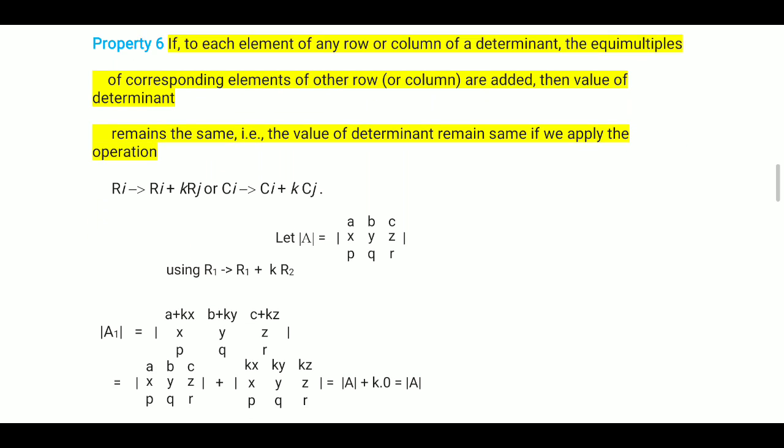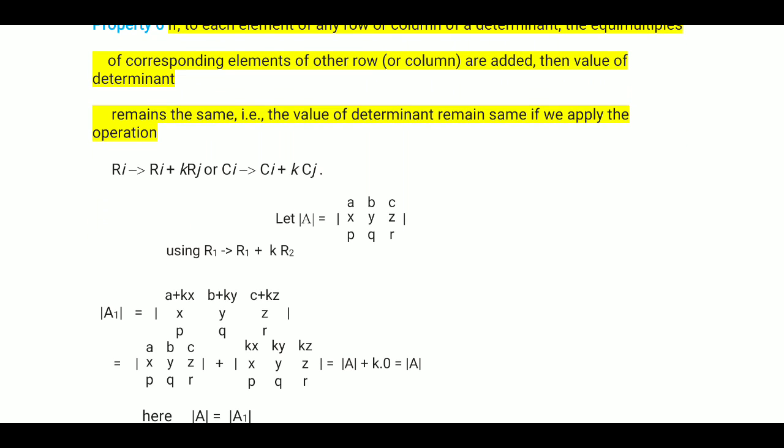Just see that the ith row is changing: Ri becomes Ri plus k Rj. Another row is added to it with multiplication by k. So the value of determinant remains the same.